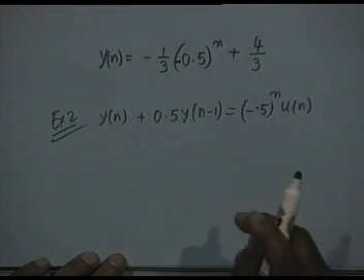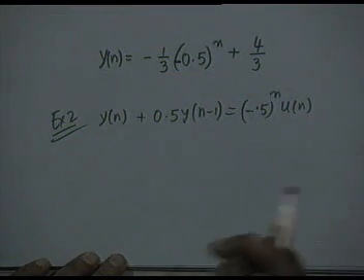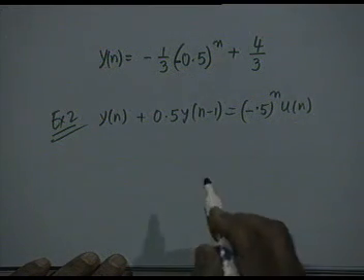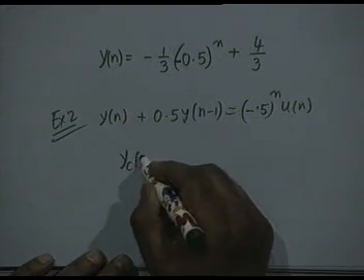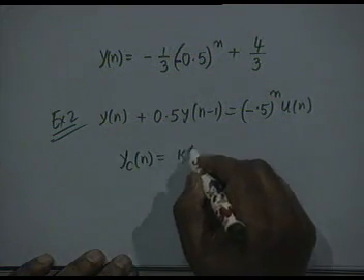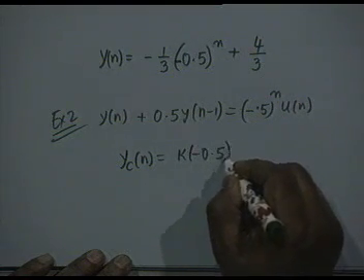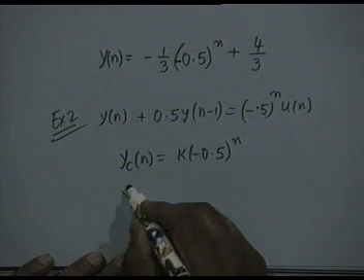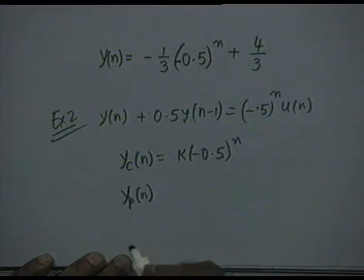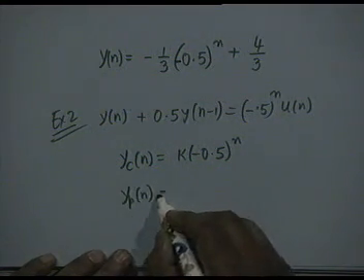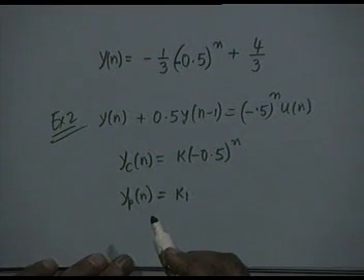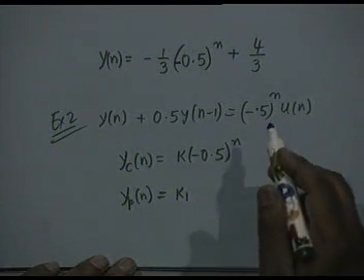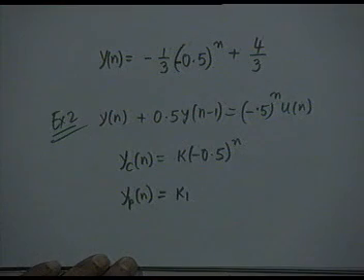In this case, what you do is the complementary function is the same. What is the complementary function? Y c of n is equal to k minus 0.5 to the power n, and y p of n you no longer assume as k1 minus 0.5 to the n, because it is an eigenfunction of the system.